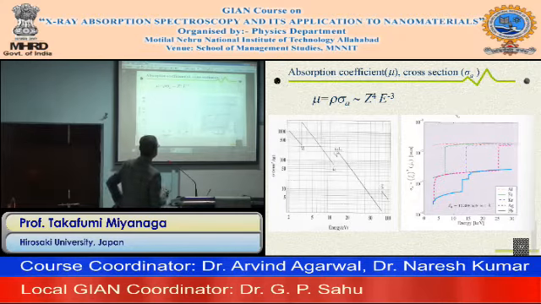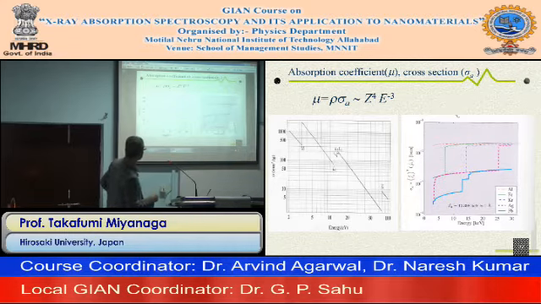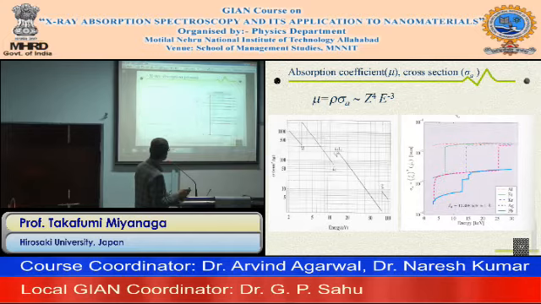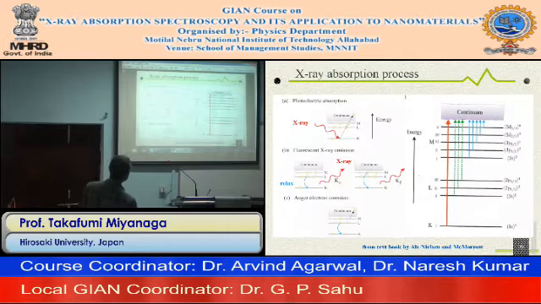So in our systems, X-rays and elements interact with this energy dependence and atomic number dependence. Now the detailed X-ray absorption process.